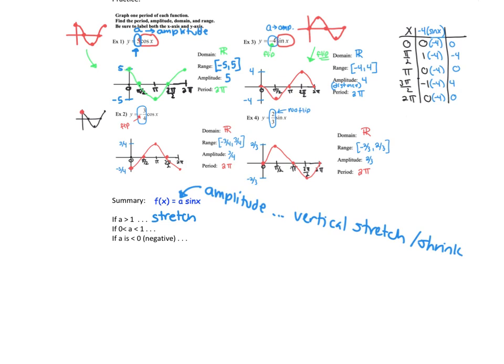If the a value is between 0 and 1, like in example 4, 2/3, that's actually going to shrink it because it's squishing the values together, making them 2/3 as tall. If the a value is less than 0 or negative, that is going to flip the graph.